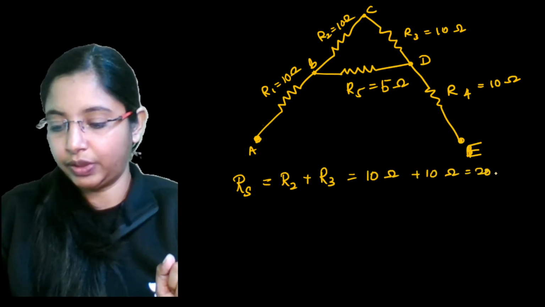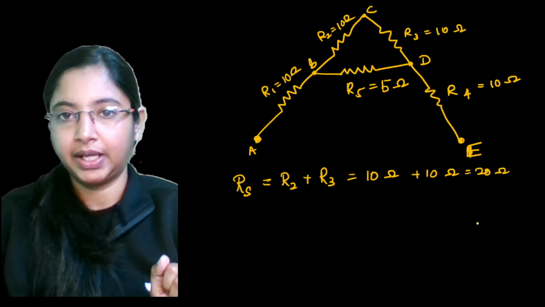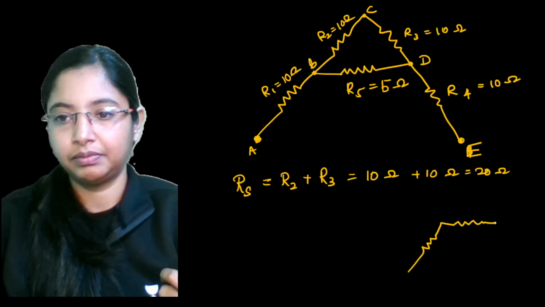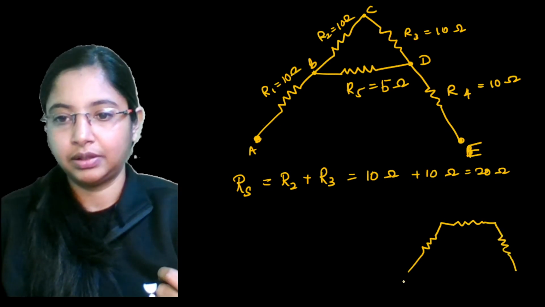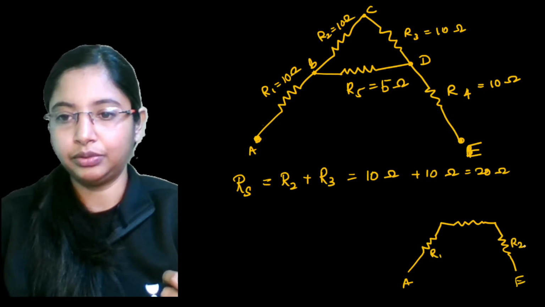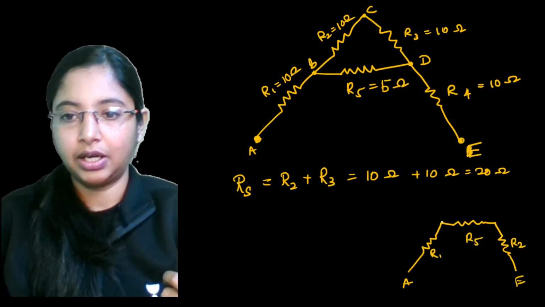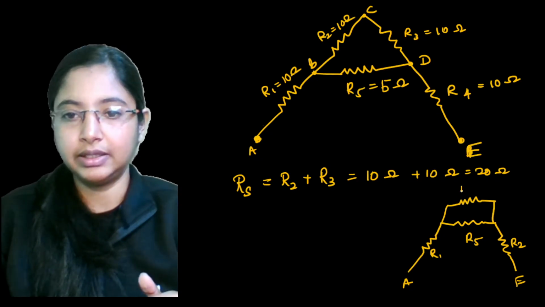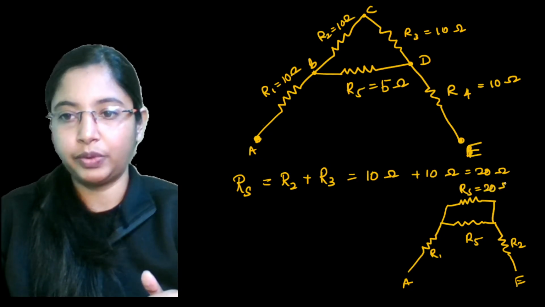So we get 20 ohms in this combination. Now this particular circuit becomes this way: A, E, R1, R2, R5. Across this we have another equivalent resistance. Instead of two resistances, we can use this equivalent resistance of 20 ohms.